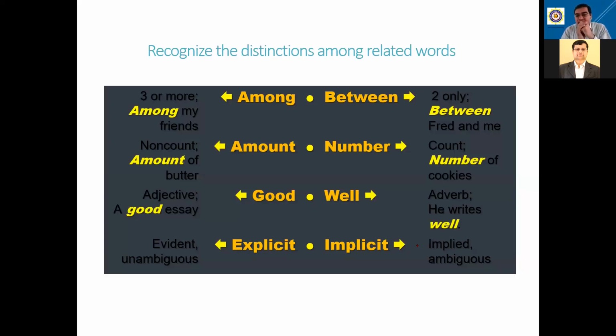Where to use good and well? Well is something related to adverb. Good is adjective. Explicit, implicit, which is ambiguous and unambiguous.